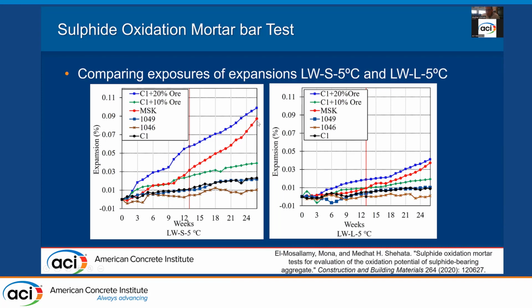Again, same comment as with the first test with the bleach, the expansion is relatively low. I was hoping to have high expansion, but nevertheless, it took care of some reactivity of silicate aggregate with the bleach, and it discriminated between the aggregate. If the expansion is high, it would have been much better.